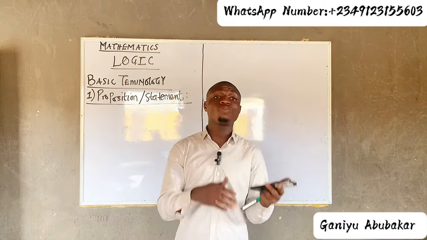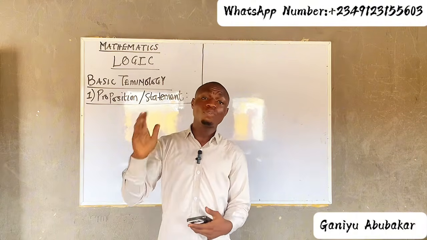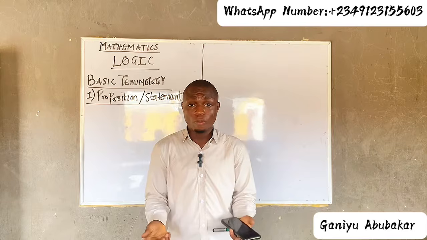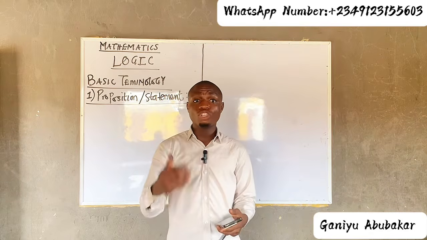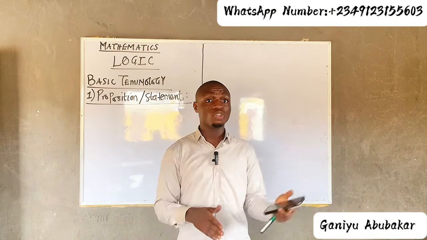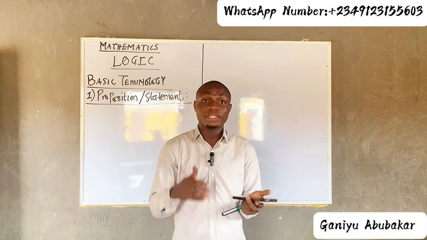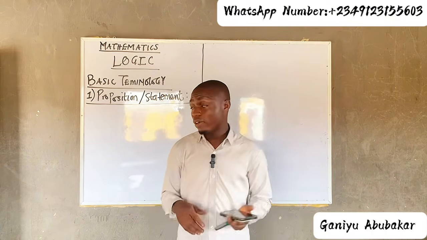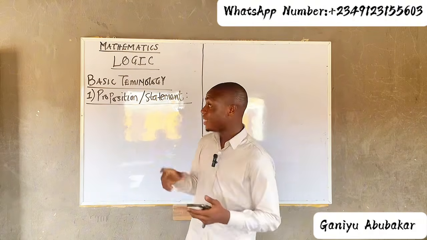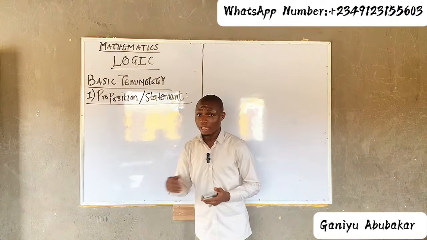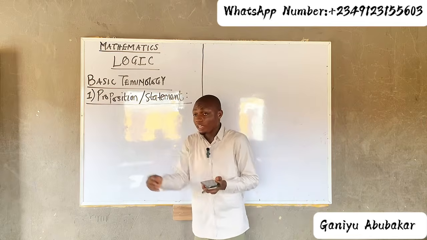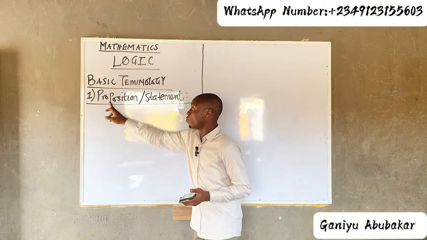Also, if I say 2 plus 2 is 5, surely it's a wrong statement. 2 plus 2 is not 5, it's 4. But the concept there is that any statement you can judge as true or false is said to be a proposition statement.